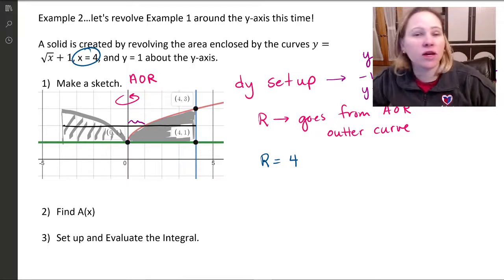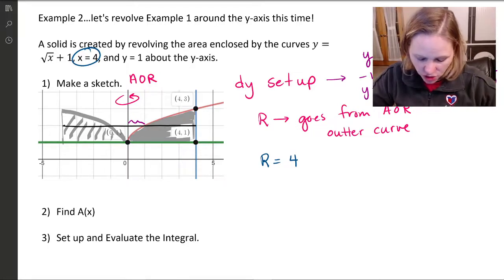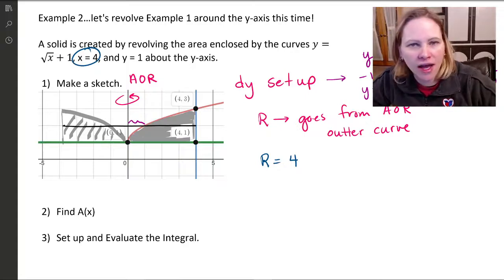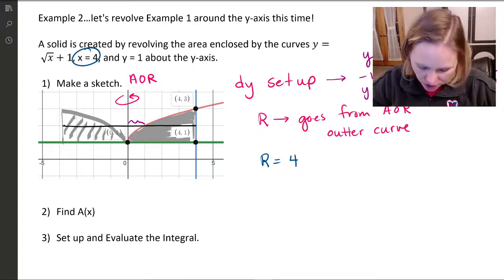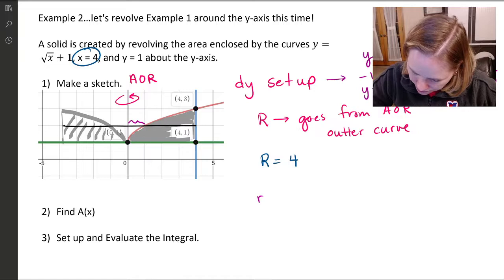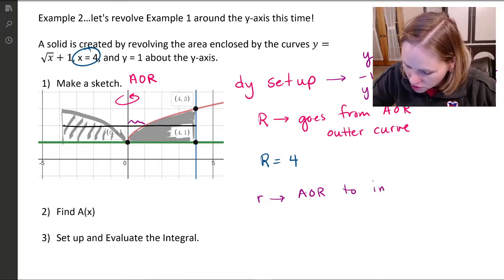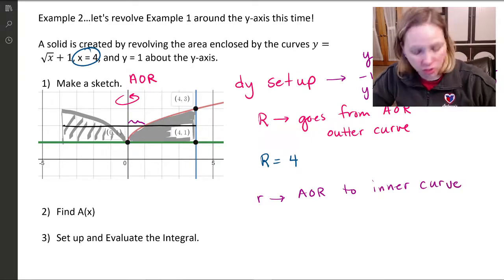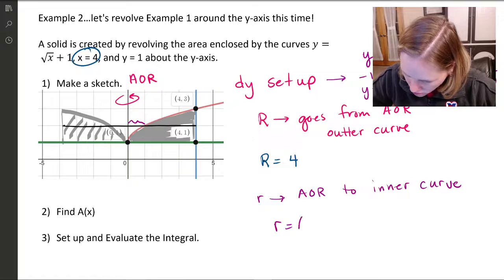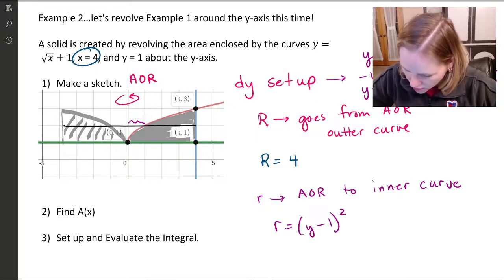So there's my equation that I have to use. So that's the function. Anytime we go from an x or a y axis to a curve, it's the function. So here, little r goes from the axis of revolution to the inner curve, and it just so happens to be the function. So here, little r is going to be that y minus 1 squared.